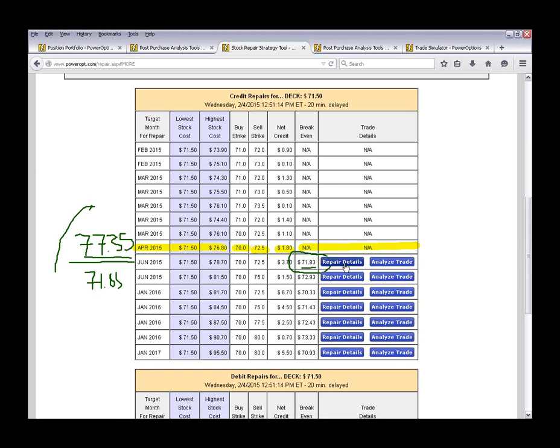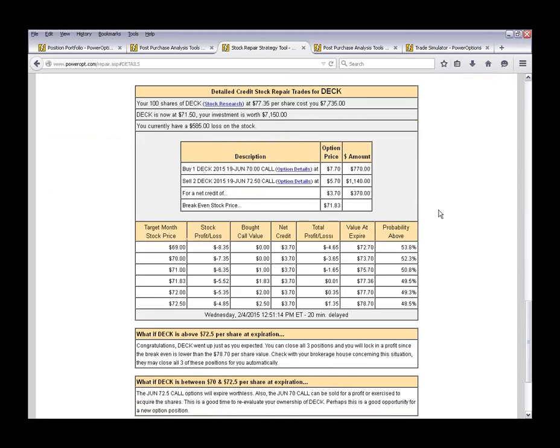Even with this cost basis of $77.35, we could look at a repair detail for this position. We're going to look at this first, and then we're going to talk about a different way. Here's what the stock repair tool does. It builds a ratio call spread, so I could buy one June 70 call option for $7.70, and we could sell two June 72.50 strikes for $5.70. So I'd pay out $770 here.